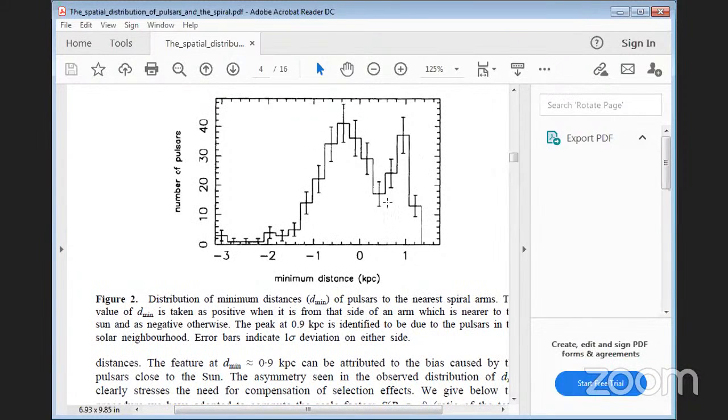And you can see that they are not exactly at around 0. They have moved. They're away on either side of the spiral arms at the present time. So the present day spiral arms are compared with the pulsar population, which might have the memory of spiral arms at a shifted location in principle.